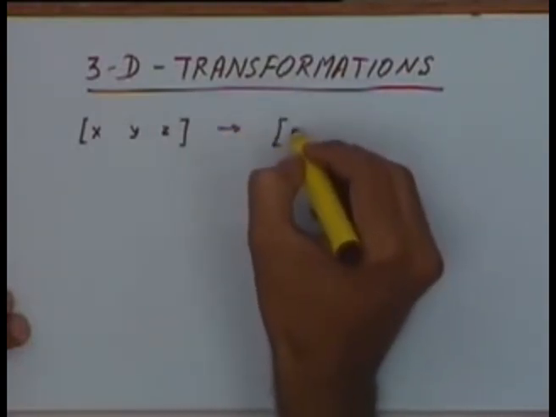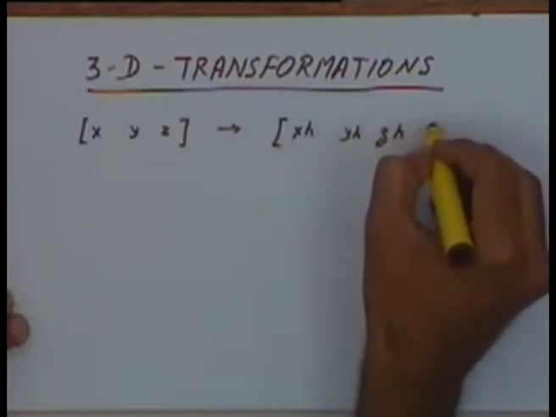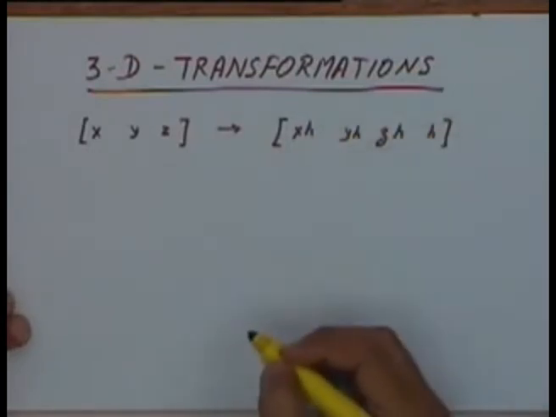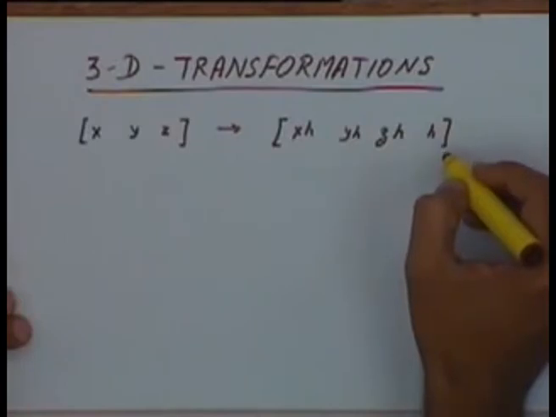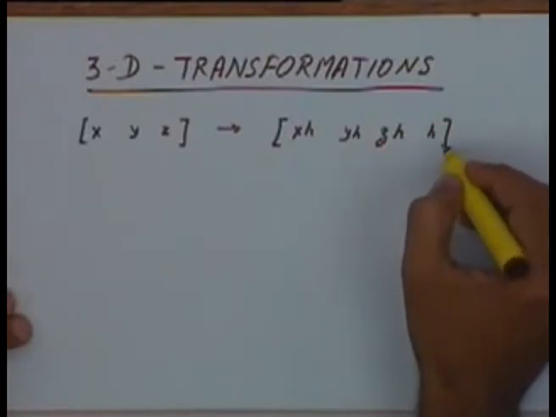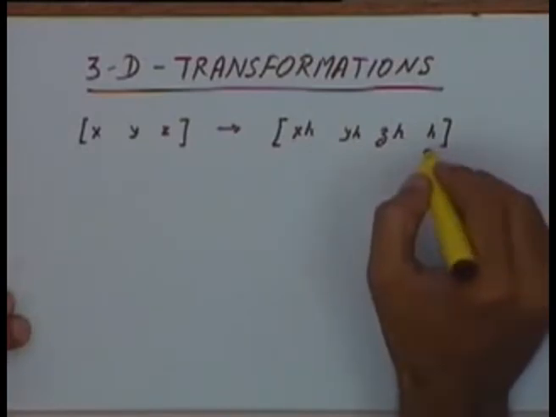This will be represented as x times h, y times h, z times h, and h. So a 3D point will be represented as a 4-tuple, where h, the fourth coordinate, is the homogeneous coordinate.